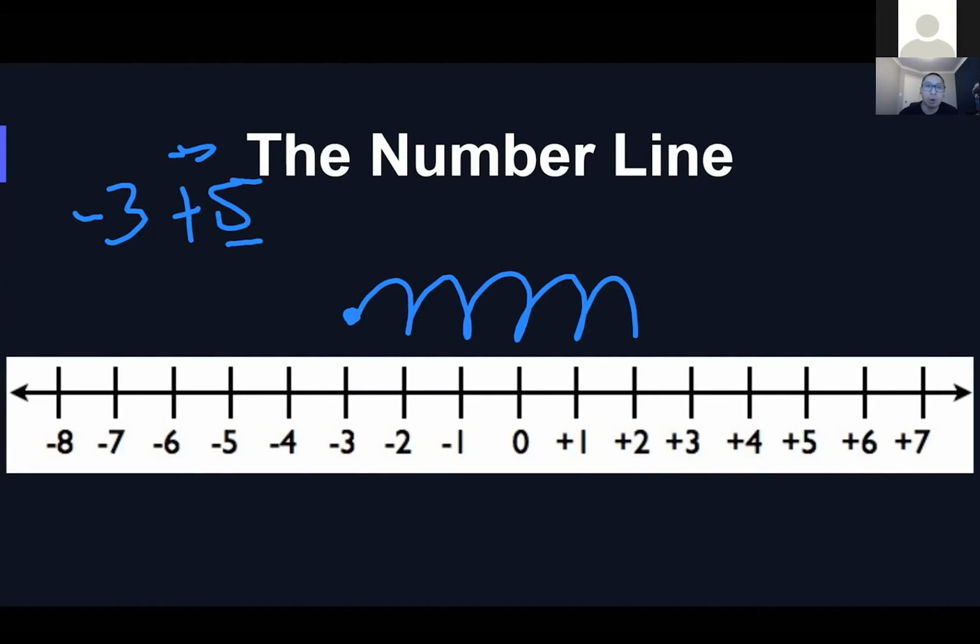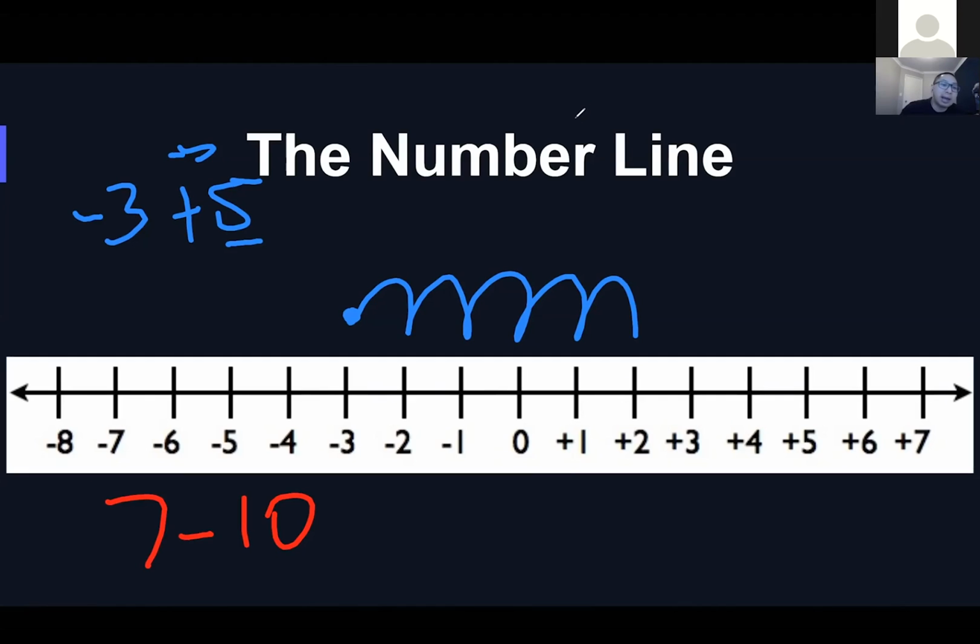Let me do a couple more, and then we're going to look for some patterns here. Let's say I've got 7 take 10. All right. Now everyone again knows the answer, but again, let's do the mental model. Where do we start?